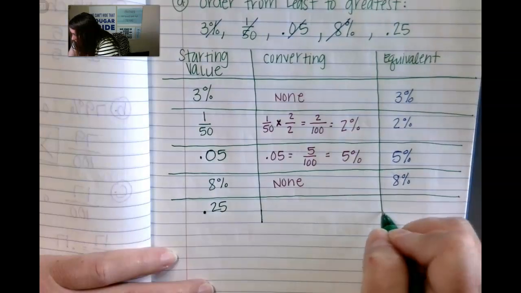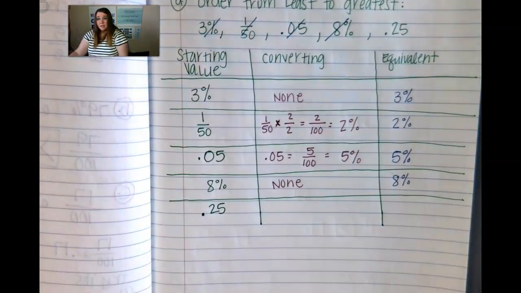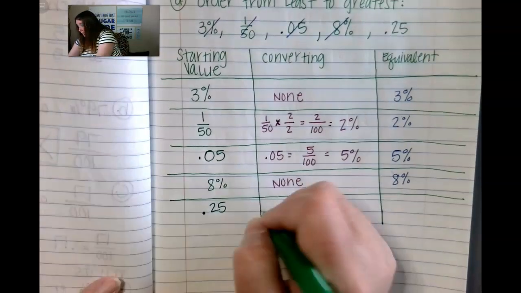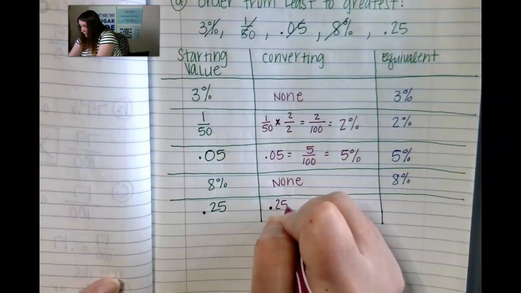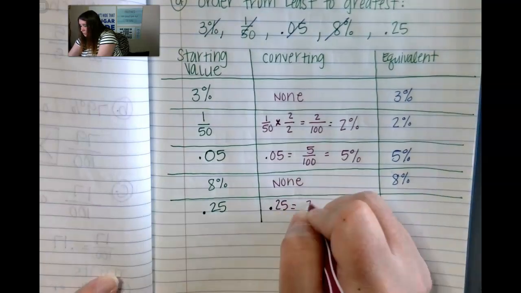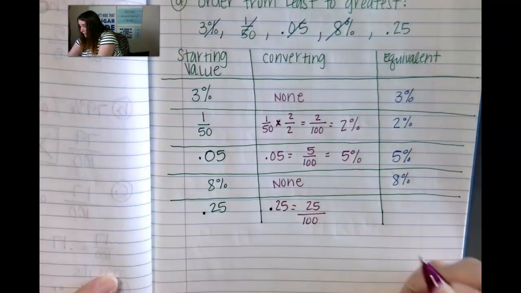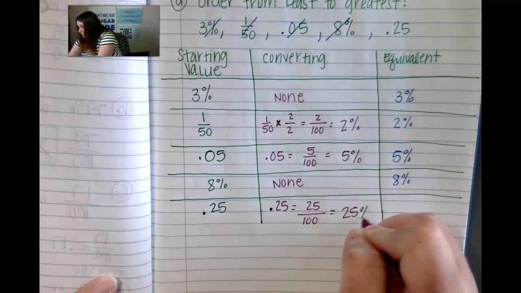All right, so now I have 25/100. I have to convert this one into a percentage. So 25/100, oops, I didn't change colors. So 25/100 is equal to 25 over 100. And since it's over 100, it equals a percentage of 25%.